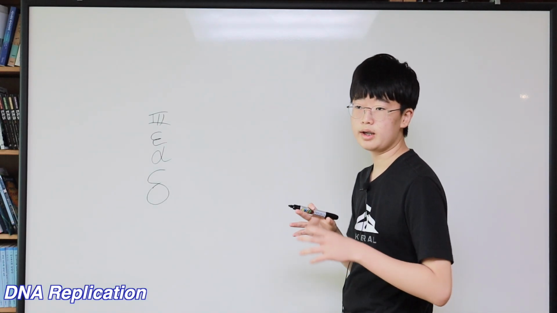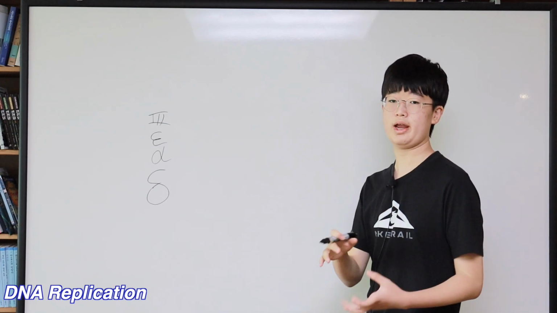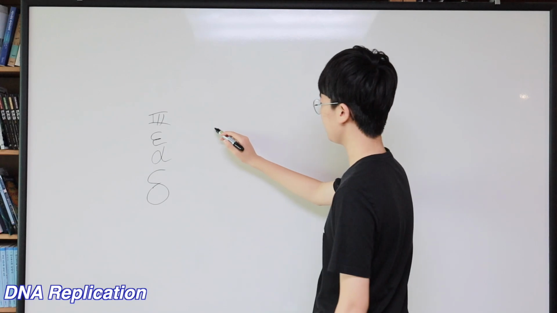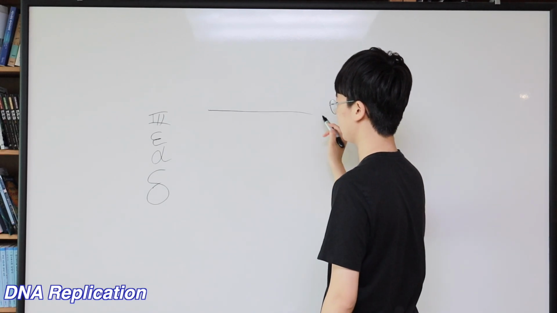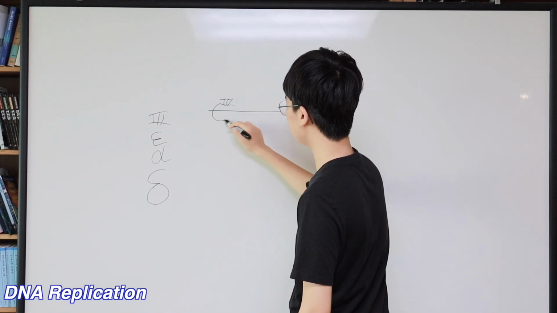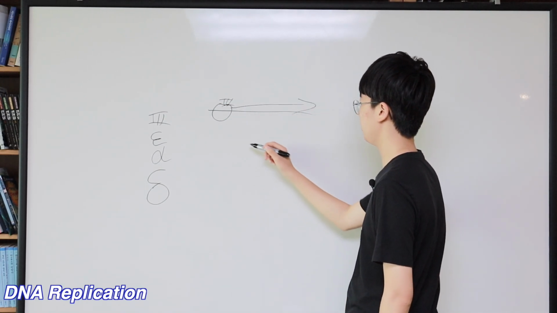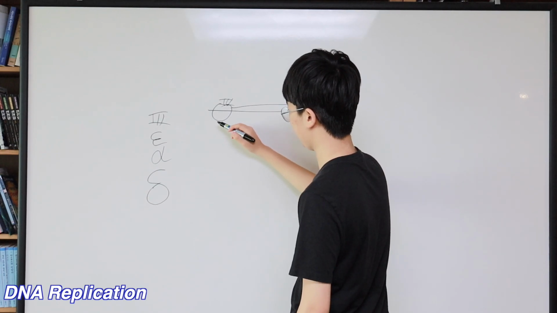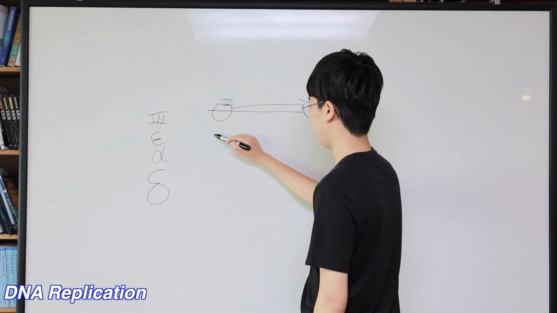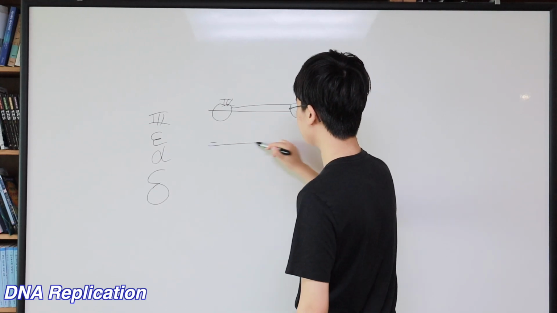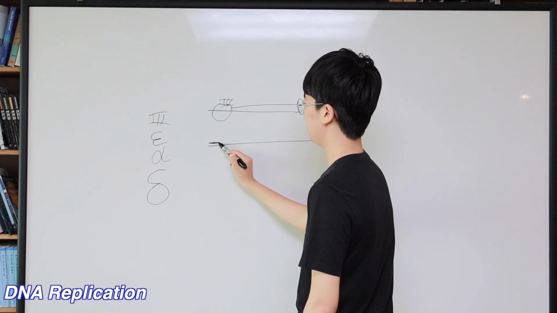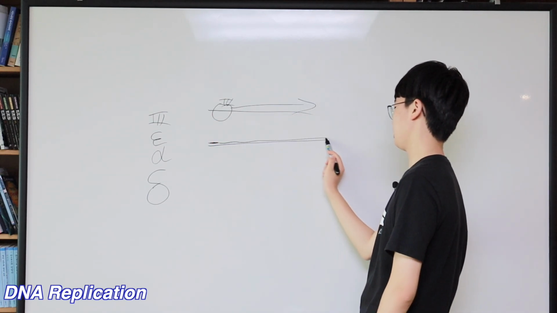So in E. coli, a prokaryote, if we have the leading strand, polymerase 3 just does the job, while on the lagging strand, the primer is made by an RNA primase, and then polymerase 3 does the job again.